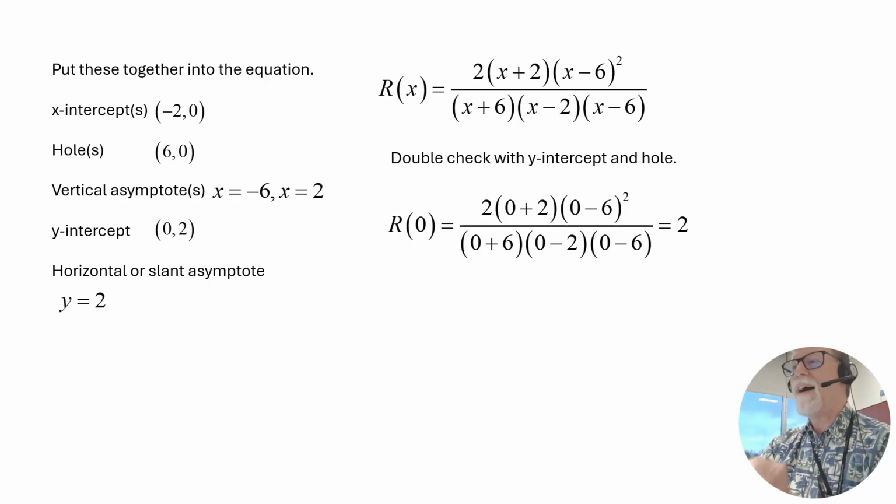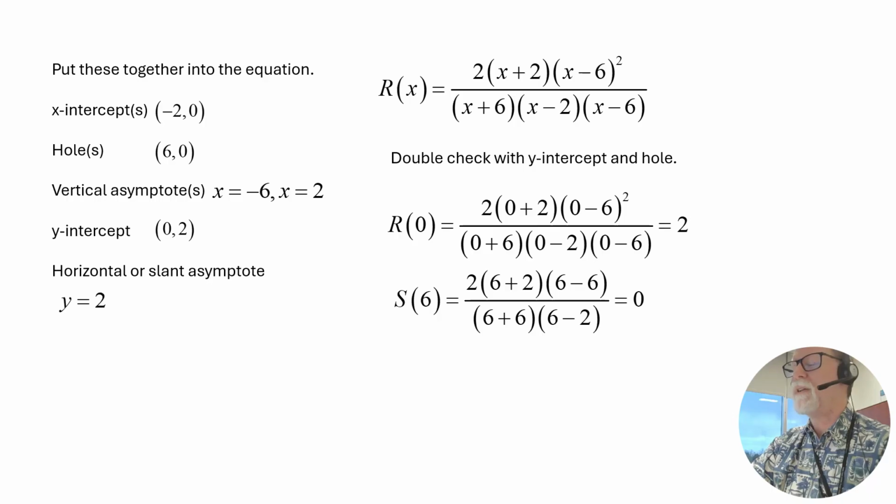When we evaluate to find the hole, you have to use the simplified version. So that x minus 6 needs to get canceled, numerator, denominator. There's one left over in the numerator, which causes us to get y equals 0. So that R(x) at the top there is the correct answer. And we're good to go to the next example.